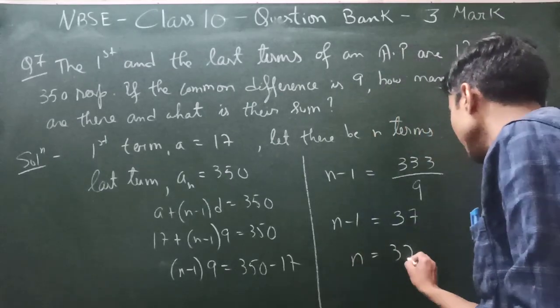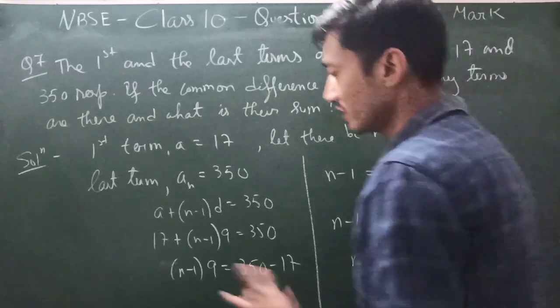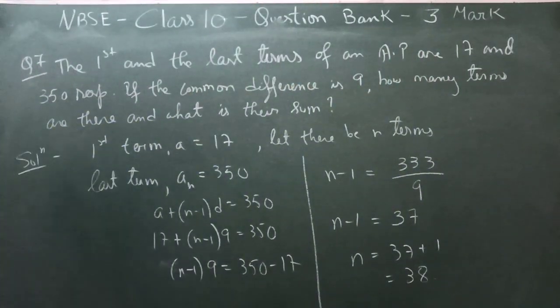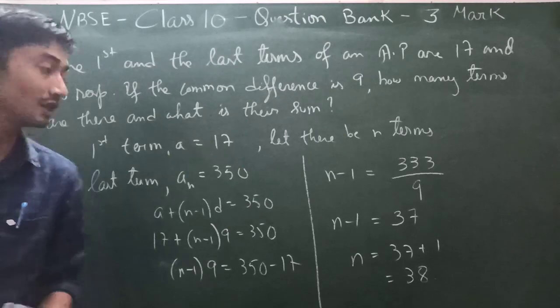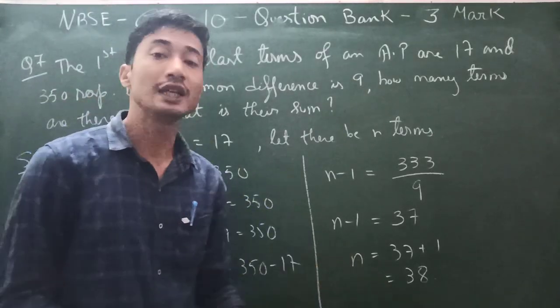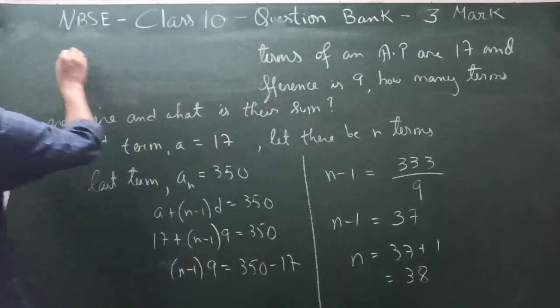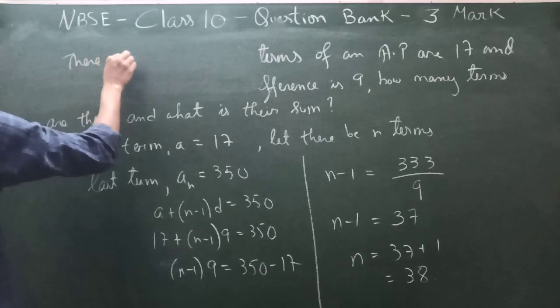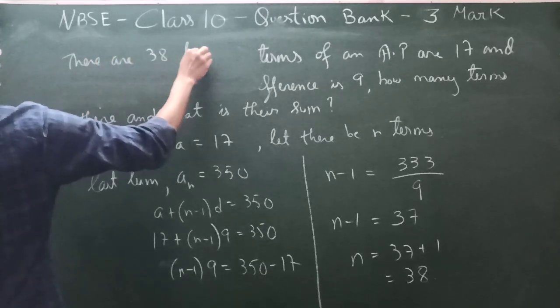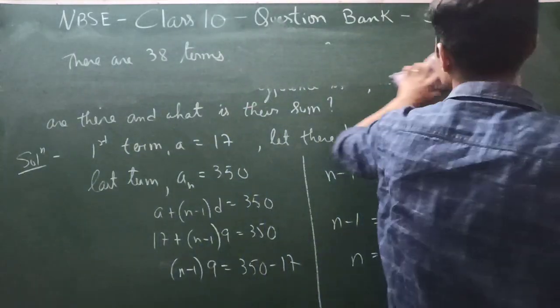So n minus 1 is 37, so n will be 37 plus 1, that is 38. Since we have assumed that there are n terms and the nth term, that is the last term, is 350, that means n is 38. That means there are 38 terms.